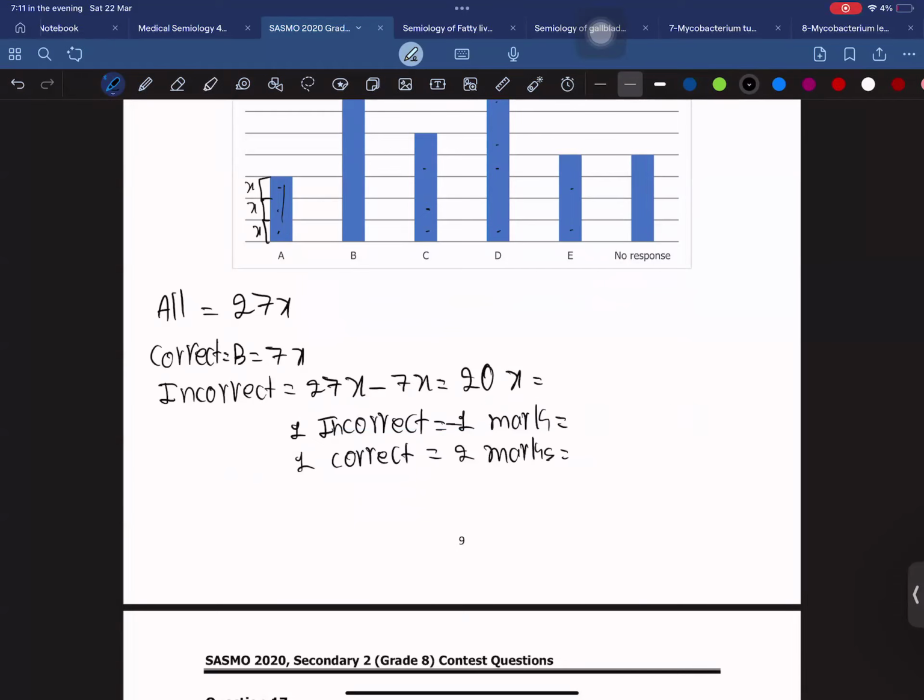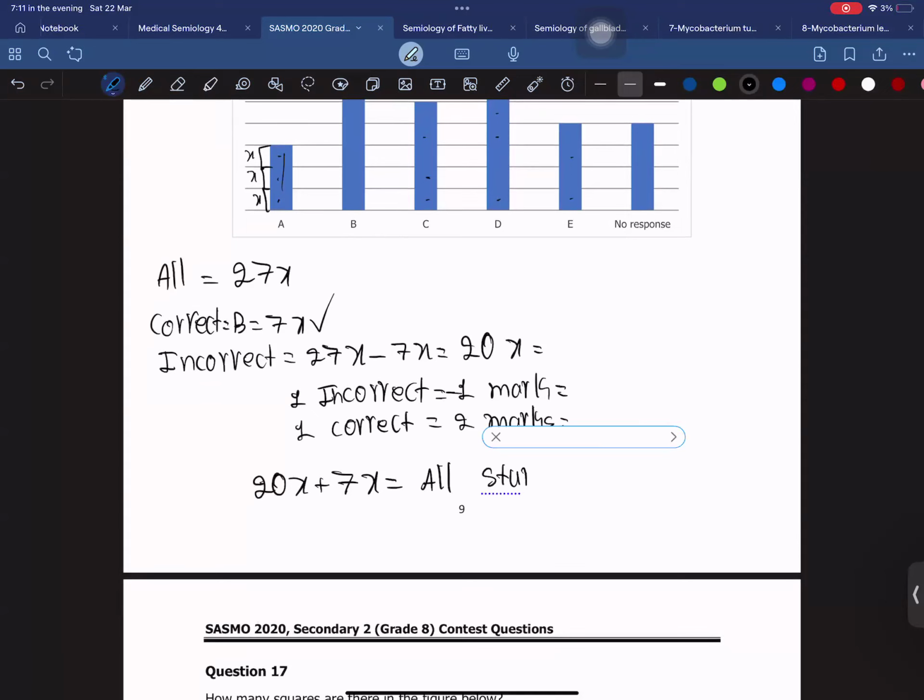So we need to add these together: 20x plus 7x is the total number of students who responded.